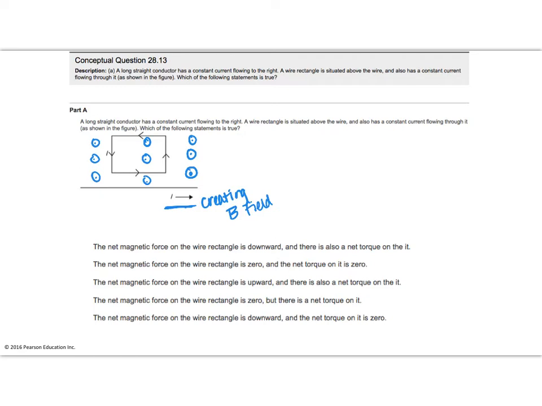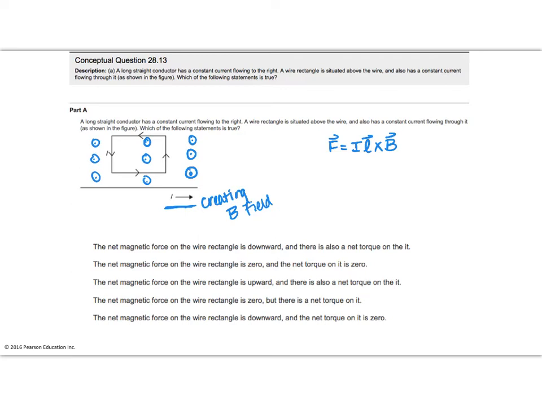And now we want to figure out what is the force on each side of the loop. And to do that, we would be using this expression. Remember, the direction of L is the same as the direction of the current.